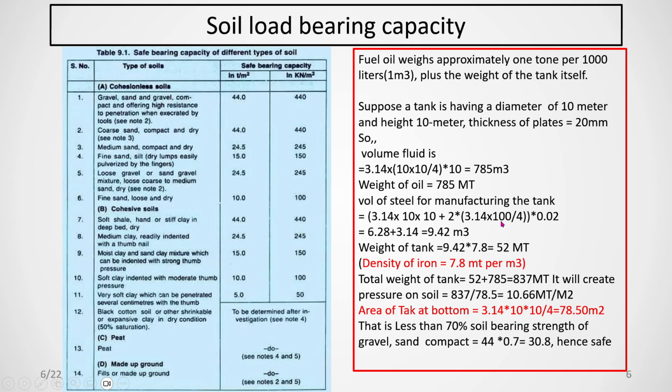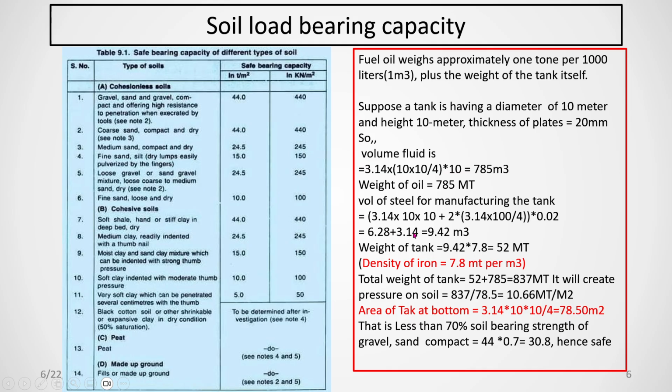Then there will be top and bottom: pi d square by 4, d is 10, d square is 100, divided by 4, into both sides, top and bottom, 2 into. This is meter square, and we multiply by the thickness. Thickness is 2 millimeter, 0.002 meter.